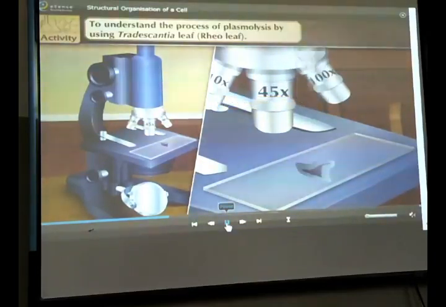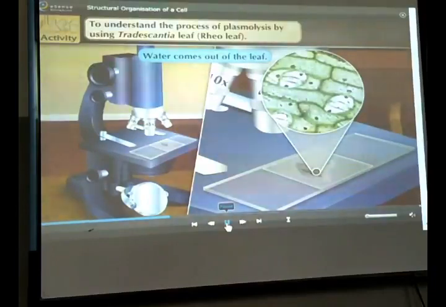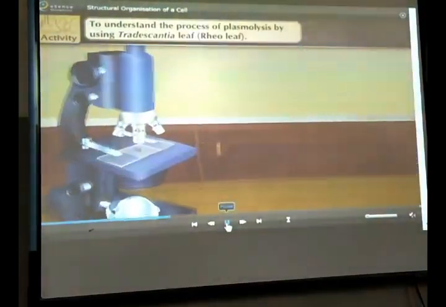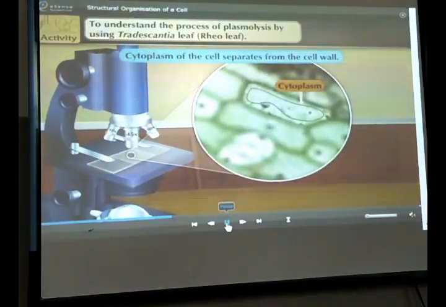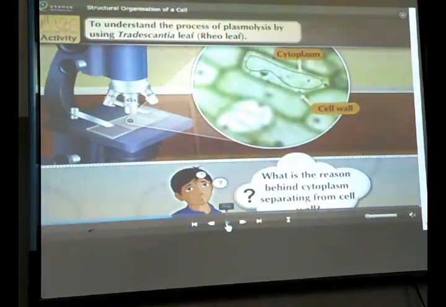Here some sugar solution is taken and put on this cell, and how this process goes on, you can understand through the cell wall and cytoplasm working.